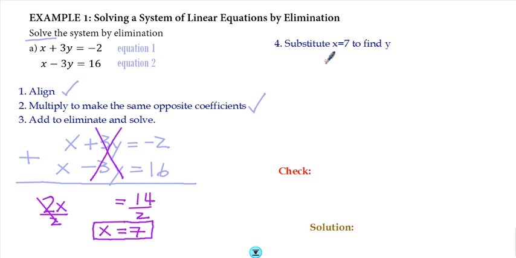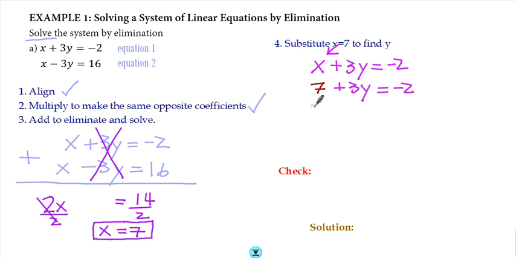And I'm actually going to pick the first equation because it has positive. And I'm going to use that to plug it in. So if I have x plus 3y is equal to negative 2, since I'm substituting x equals 7 here, it will become 7 plus 3y equals negative 2.